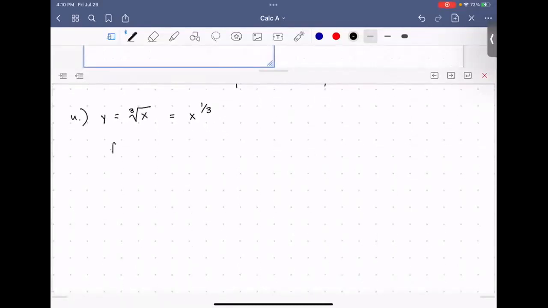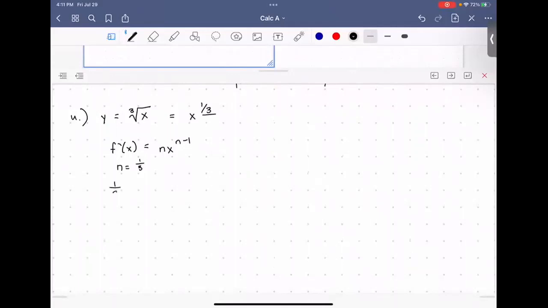So remember again, f prime of x for the power rule is going to be n x to the n minus 1. Then we're going to set our n equal to whatever the constant is, which is 1 over 3. And we're going to plug in those values in.